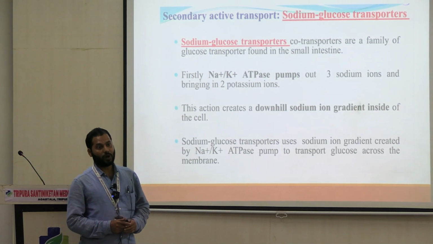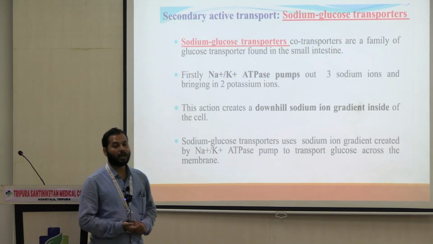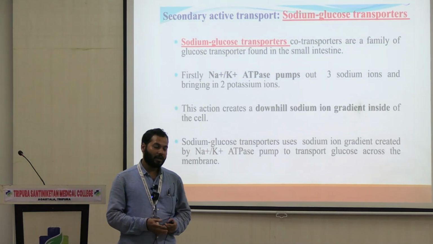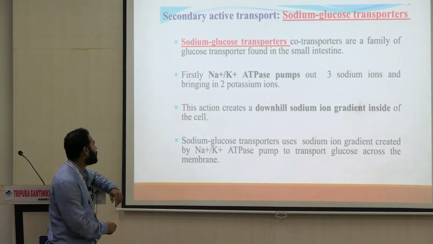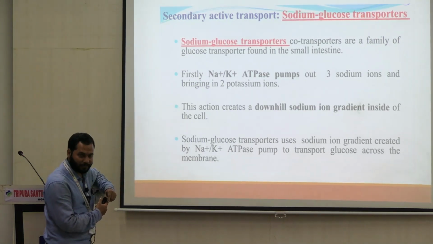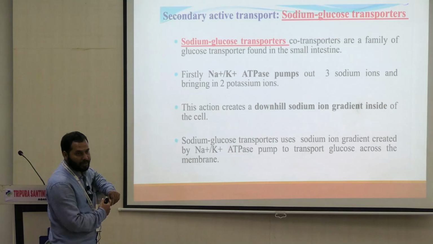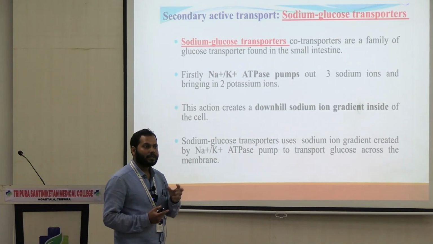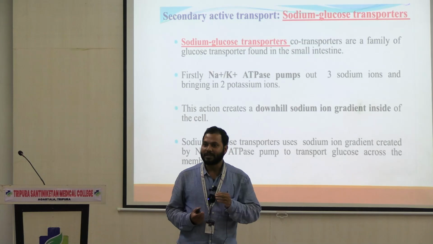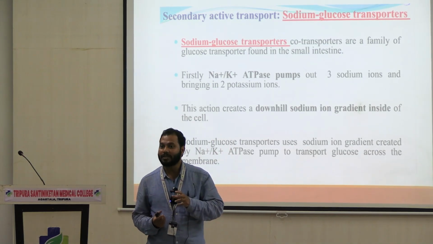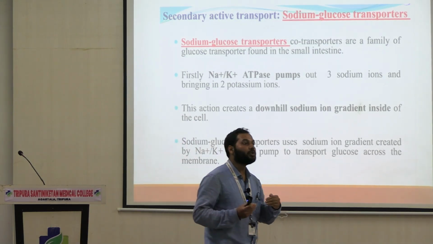In the previous case, what we mentioned was the uphill journey, right? But here the term is downhill. What is the meaning of that? It means the molecular movements or ionic movements and the movement of substance are opposite to one another.